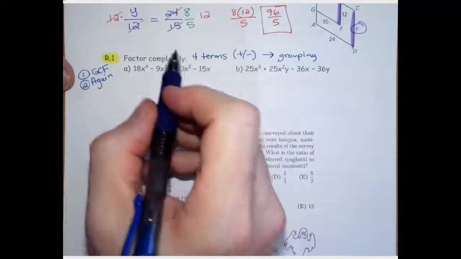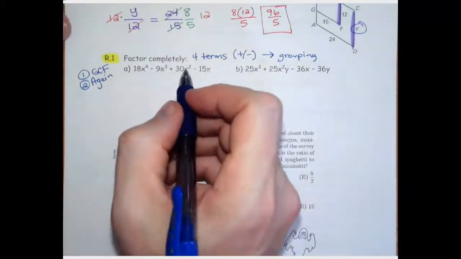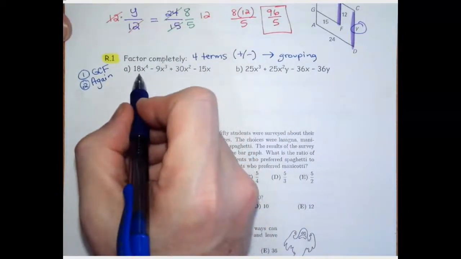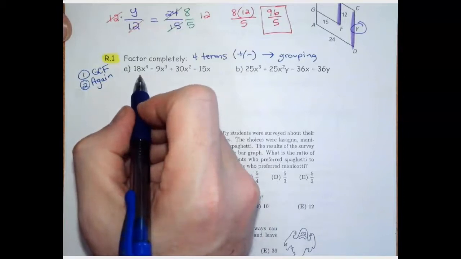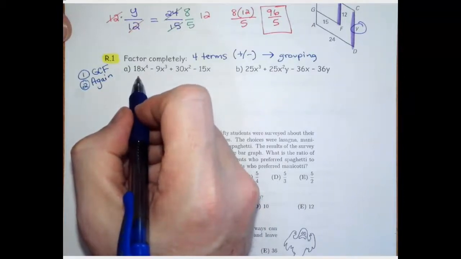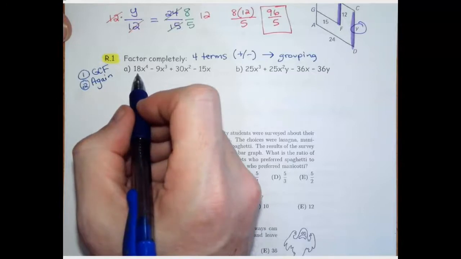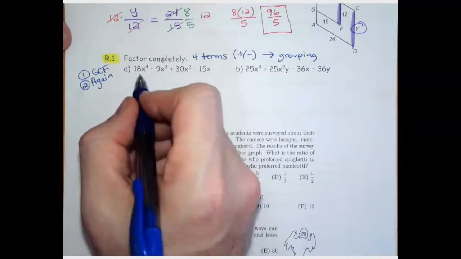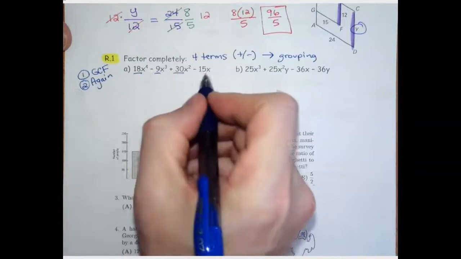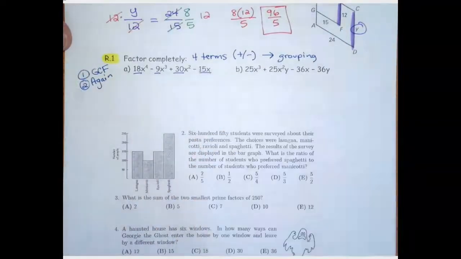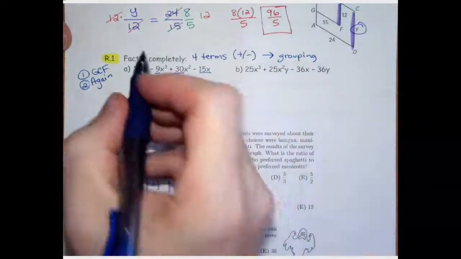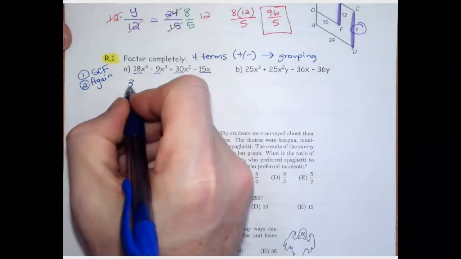So we see four terms here, and the first thing we should notice probably is that we can factor out a 3x here. All these are divisible by 3, and all of them are divisible by x. So 3x.